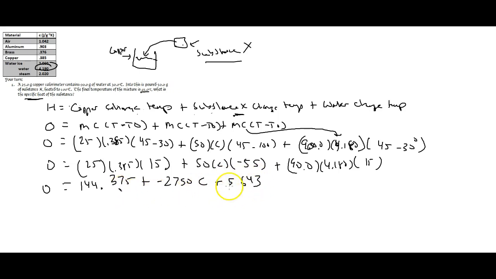Combine like terms. These two are like terms, so I'm going to add. And so I get 0 equals 5787.375 minus 2750C. We'll move this to the other side by subtracting.